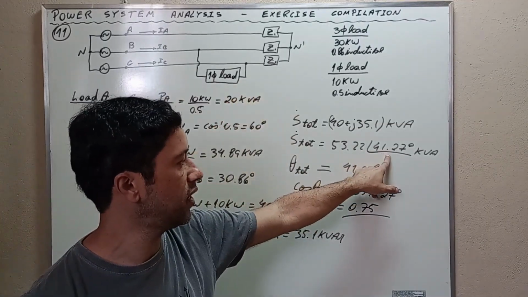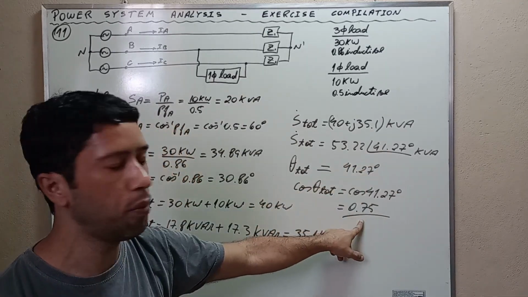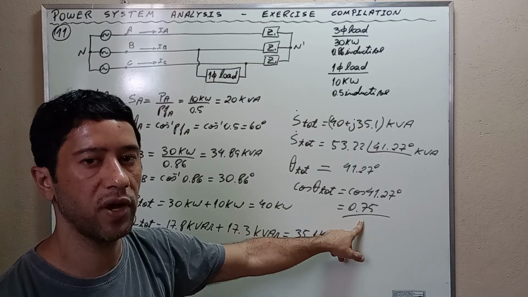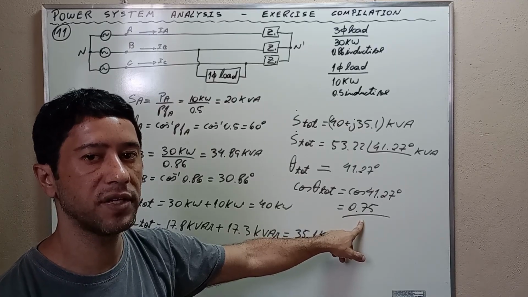And we got this angle here, okay? The cosine of this angle is the combined power factor. Okay, my friends? And this is all for exercise 11. Let's go to exercise 12.